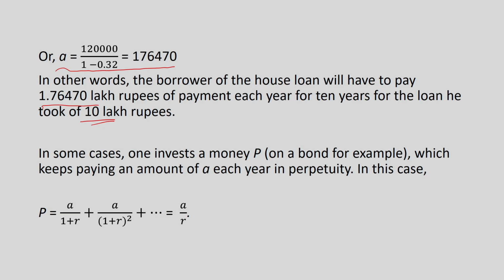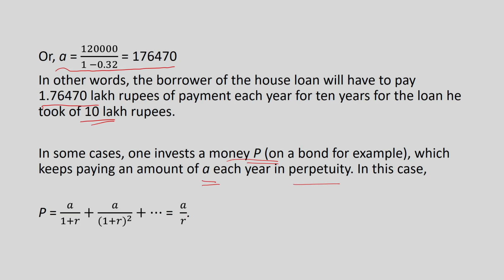In some cases, one invests a money capital P, suppose, on a bond, for example, which keeps paying an amount of small a each year in perpetuity. In perpetuity means forever.